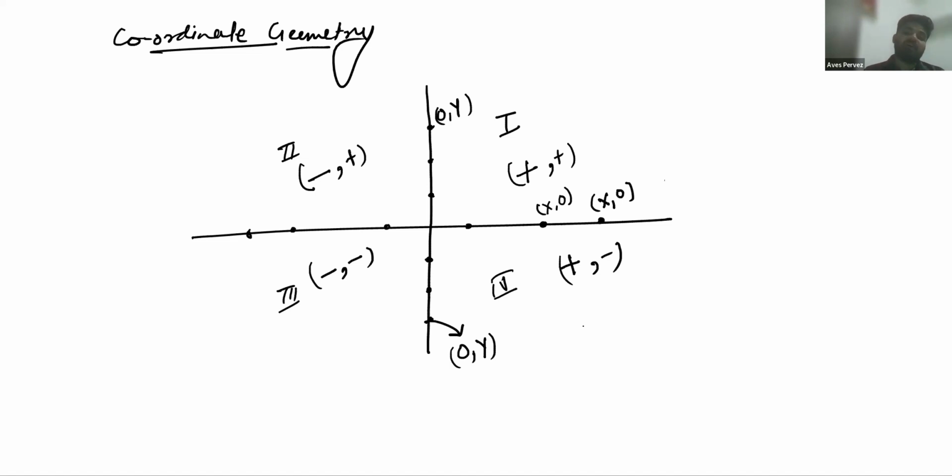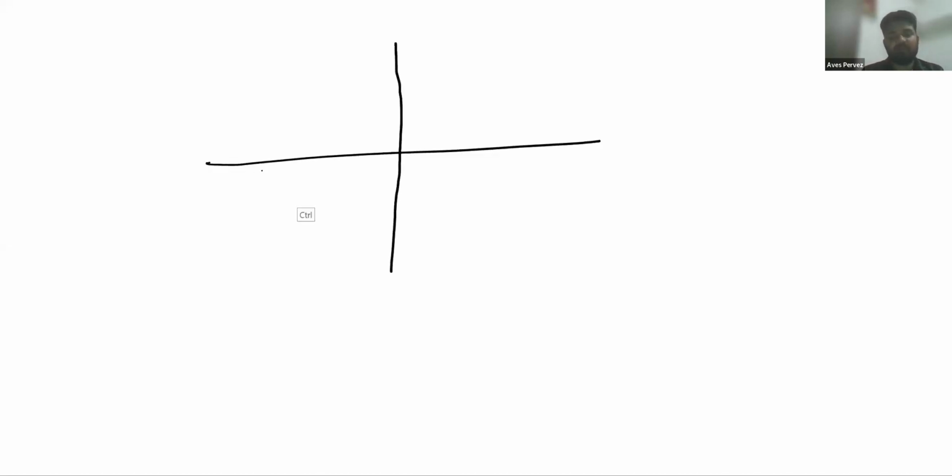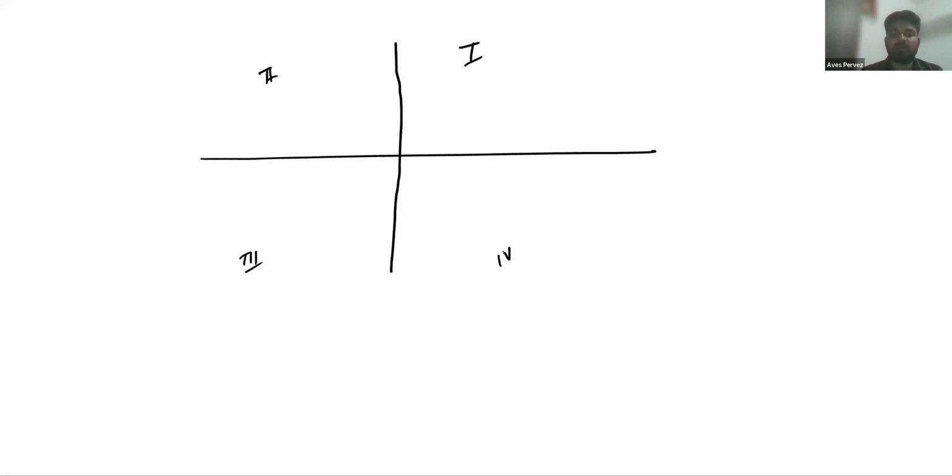In the previous class, we have also discussed the equations of lines. If there is a line segment, a straight line, then in a graph we always have the first quadrant, the second quadrant, the third quadrant, and the fourth quadrant, and this is the origin (0, 0).